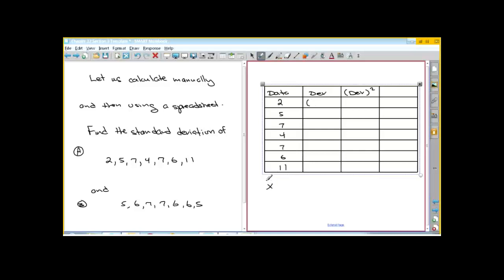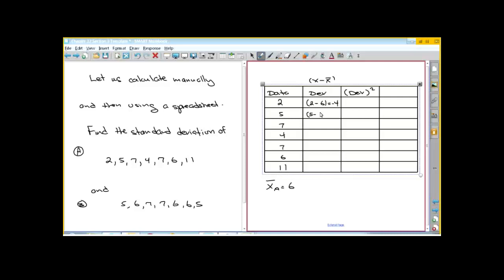Now the deviation, and the average I'll put down here, the average or the mean is 6. So the deviation is x minus x bar. So x is what's in this column, x bar is what's down there. So it's basically 2 minus 6, which is negative 4. So 2 is 4 less than the mean, so it's negative 4.